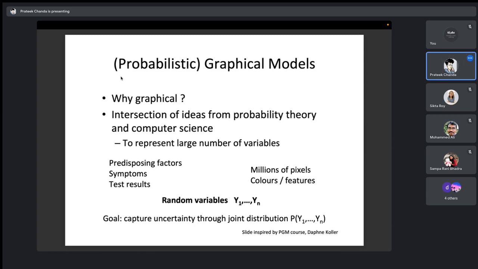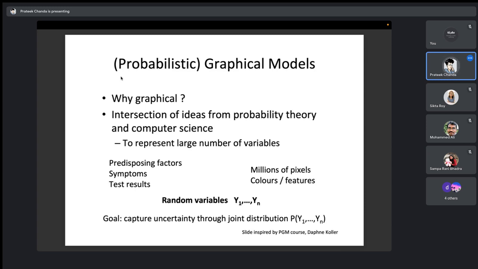So in the case of medical diagnosis, your variables would be symptoms, your predisposing factors, and test results, as I mentioned. And in the case of image segmentation, the pixel features like colors or the pixel itself can act as my variables and also the nodes in the graph.